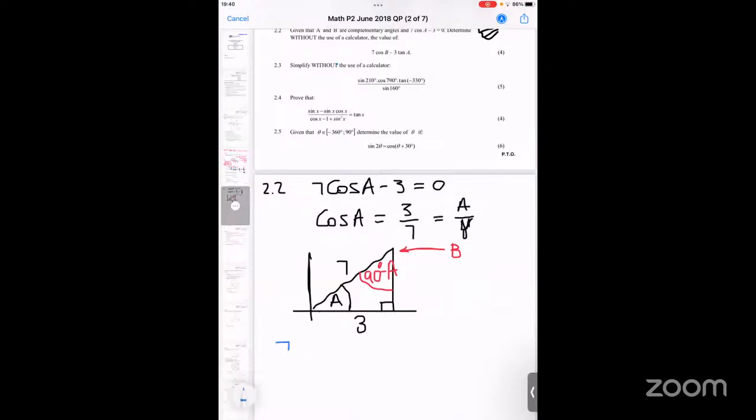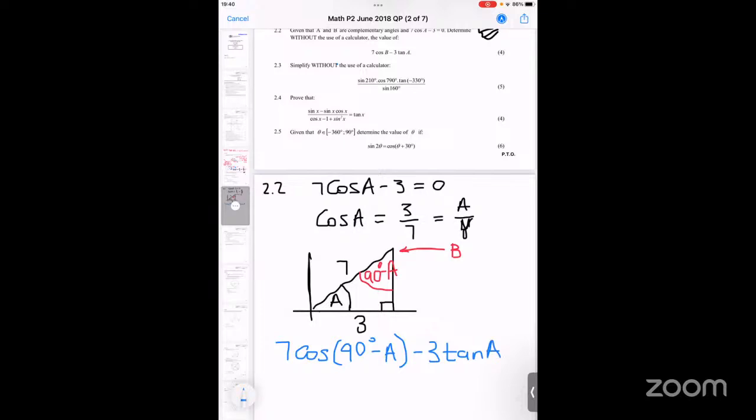You end up having 7 cos of angle B, which is 90 degrees minus angle A, then minus 3 tan of angle A.